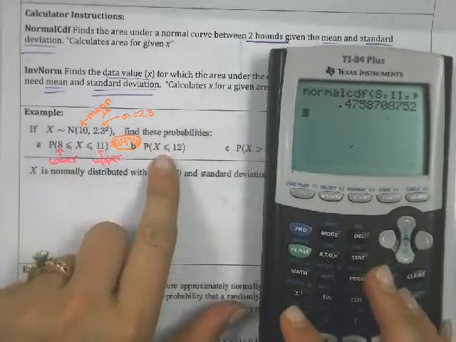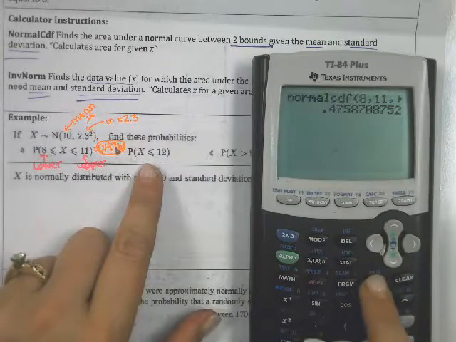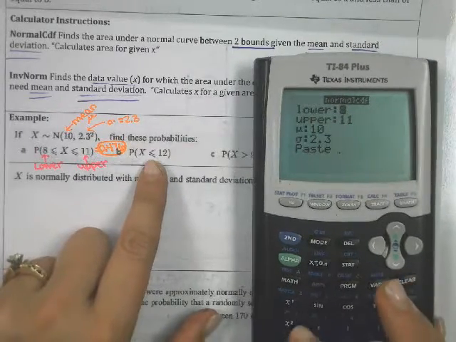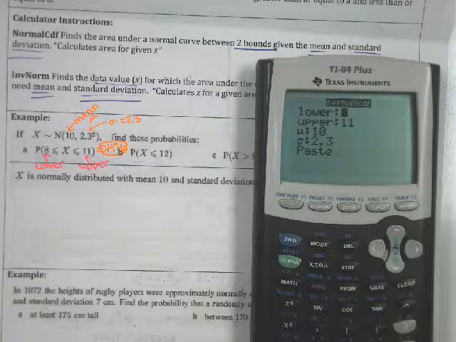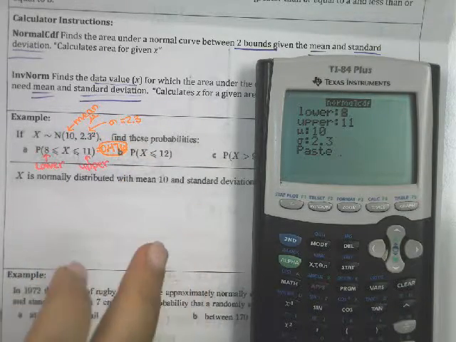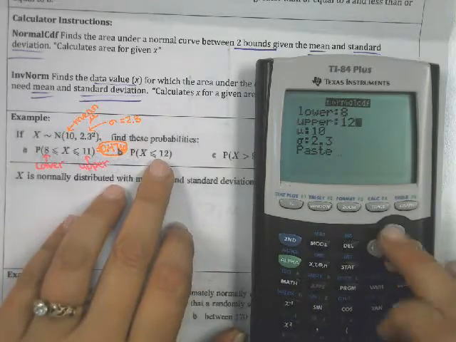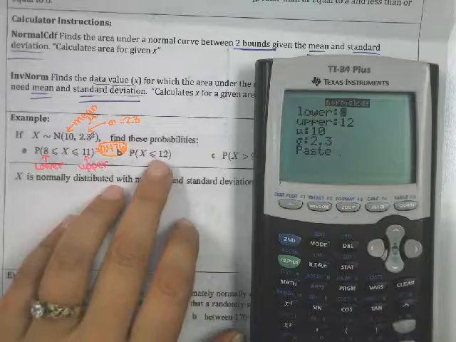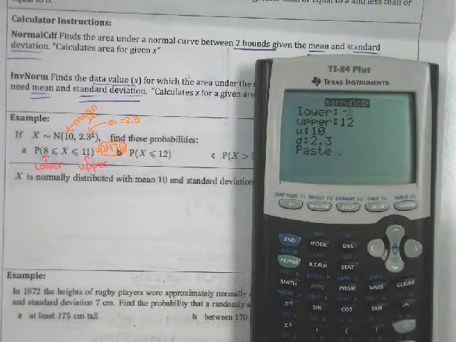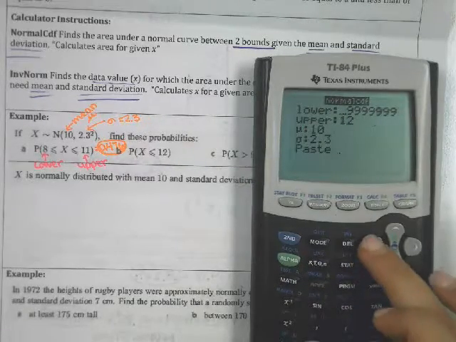Okay. The next one says x is less than 12. So we're going to go to the same place, second distribution, normal CDF. Now, less than 12. 12 is my upper bound because we want everything less than 12. Our lower bound needs to be a very small number. So I'm going to put negative and then just type a bunch of 9s. It doesn't matter really how many 9s.